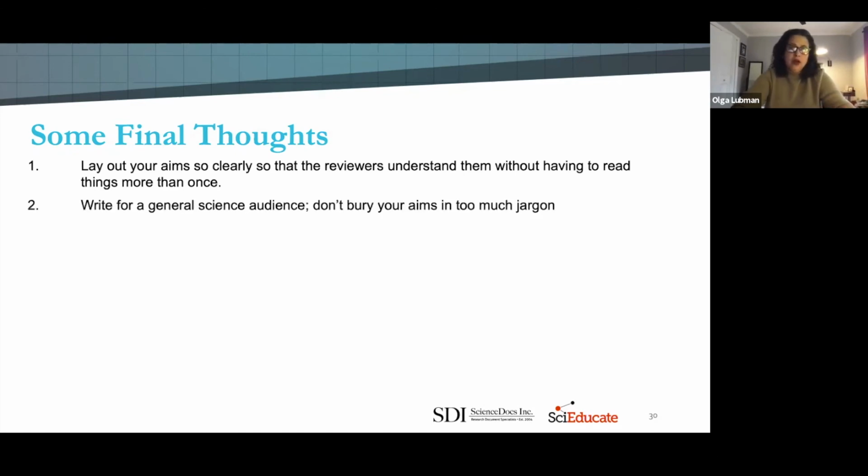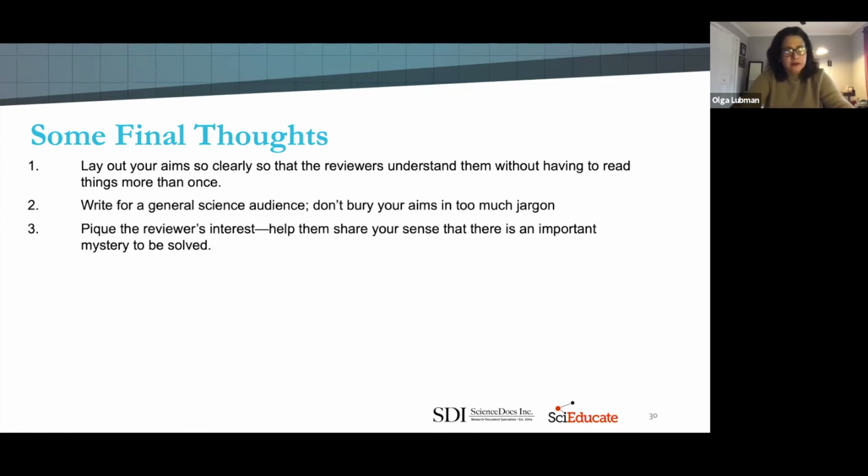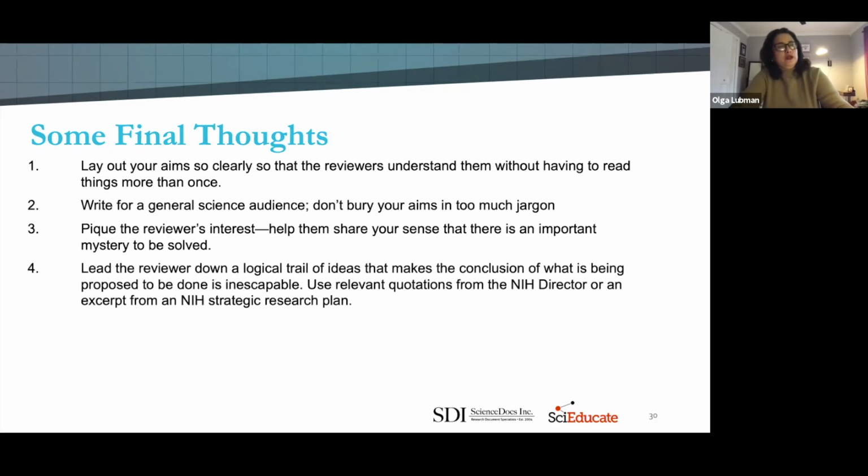Write for a general audience. Don't bury your aims in too much jargon and abbreviation. Try your best in the specific aims to pique the reviewer's interest, right? Help them share your enthusiasm for the project, why it's important for the mystery to be solved, and lead the reviewer down this sort of logical trail of ideas that makes the conclusion of what is being proposed to be done as inescapable, right?